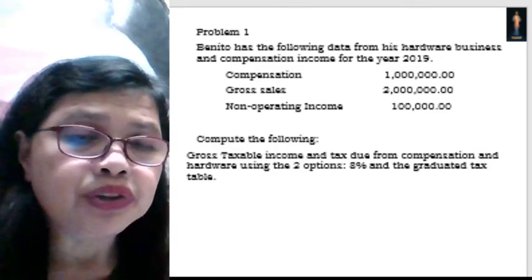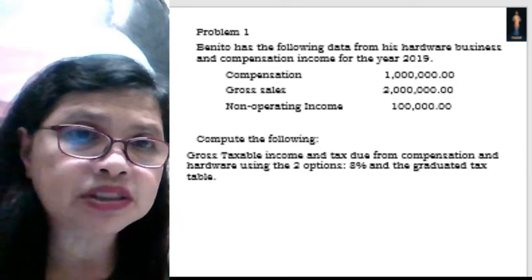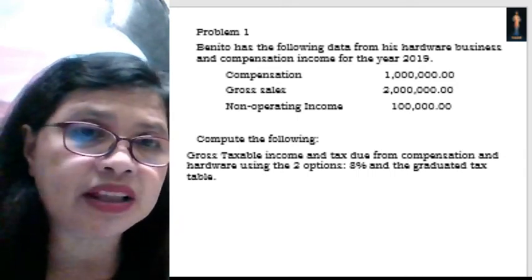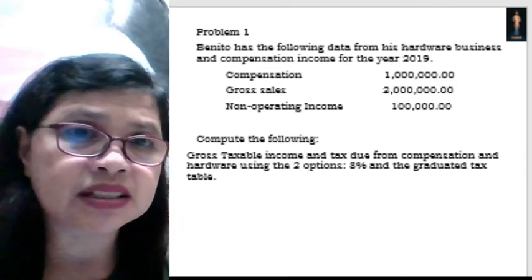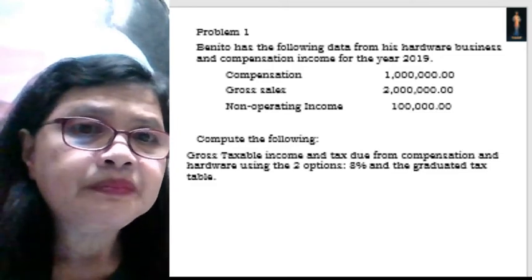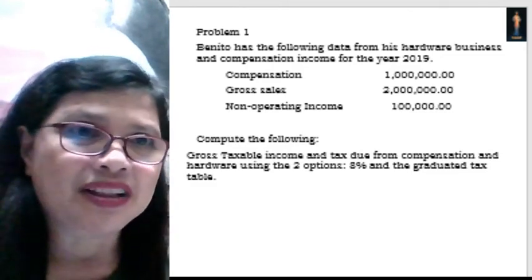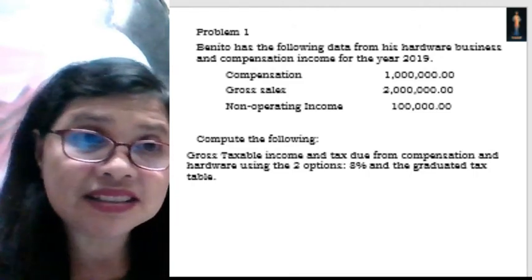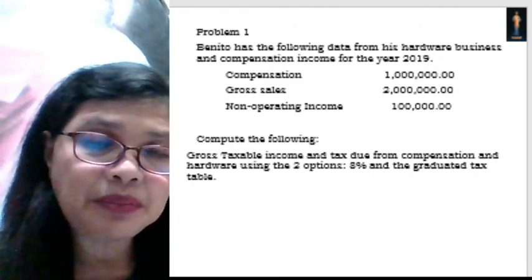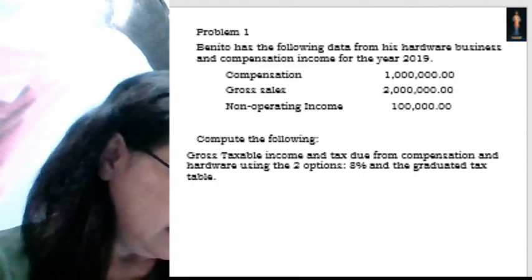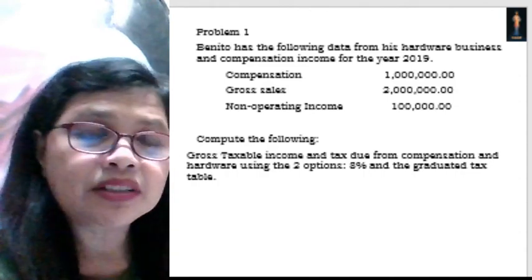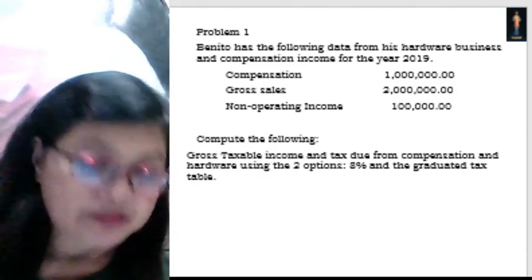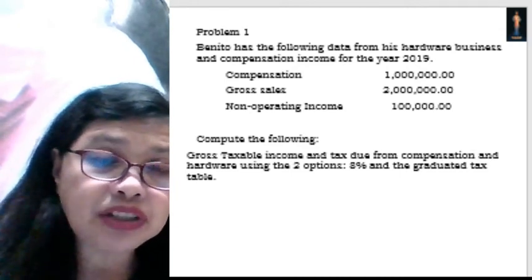Okay, so you use two options. First, the 8% of the gross sales, and the graduated tax table. Okay, so I think we have to use the formulas that I have presented in my previous lessons. Okay, so problem one concerns what? It is a compensation, mixed income.